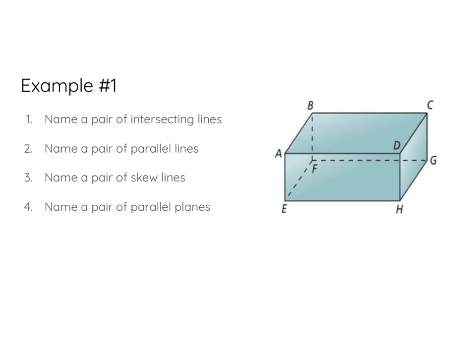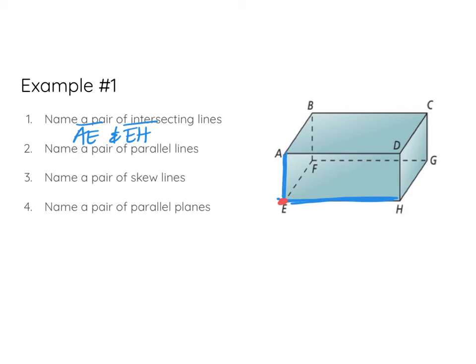Okay, so now we're just going to look at an example of a couple of these using a different picture. So a pair of intersecting lines, again, any two lines that touch at one point. So if I said AE, I could also say EH because those are going to touch at point E. Again, lots of different choices for this one.